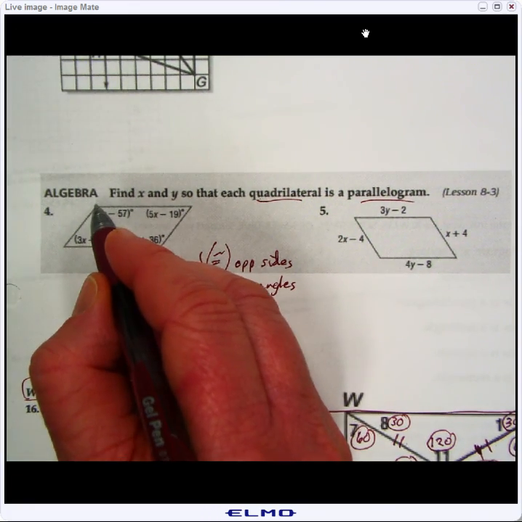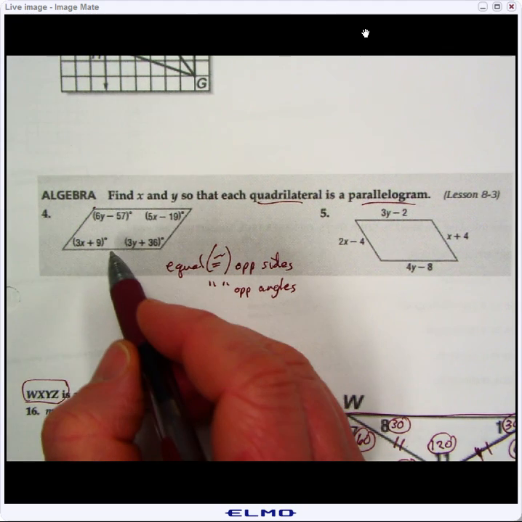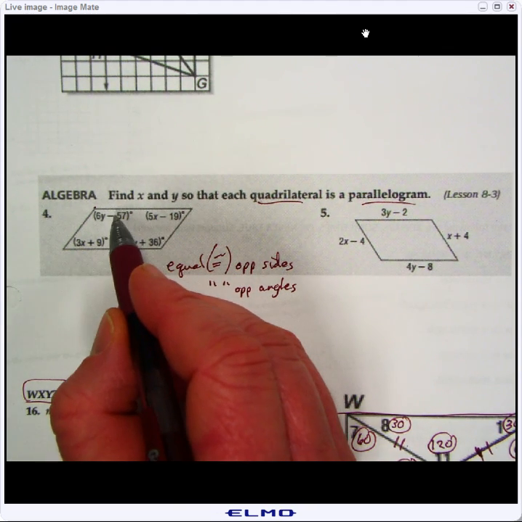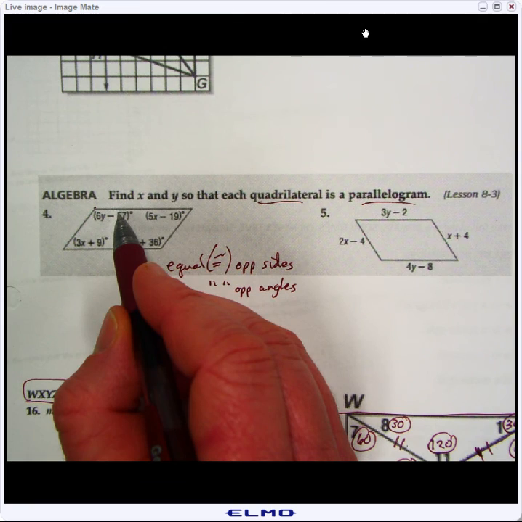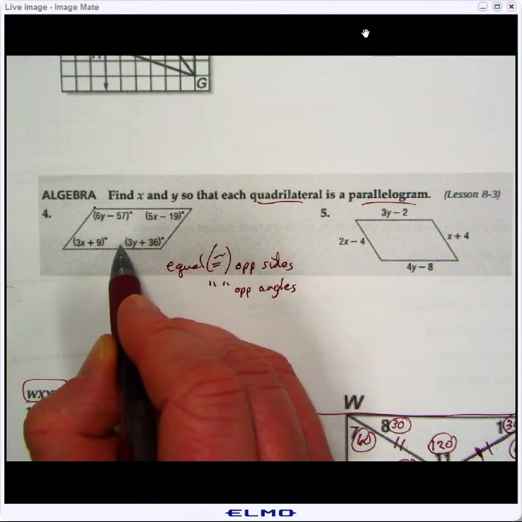So if you look up here on this picture, we want to figure out how we're going to set an equation up. Well, opposite angles are congruent, or consecutive angles are supplementary.